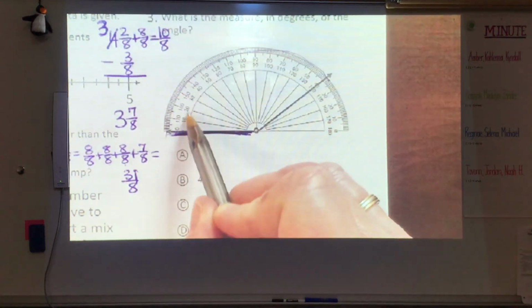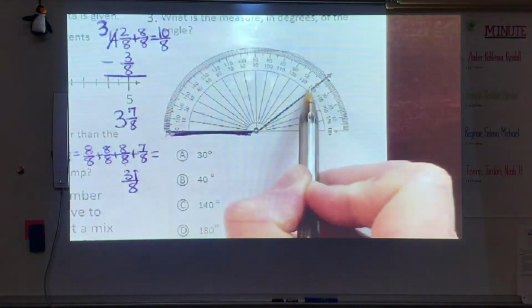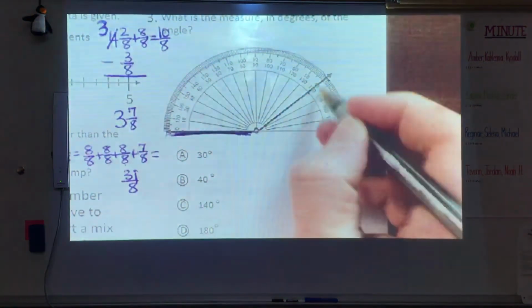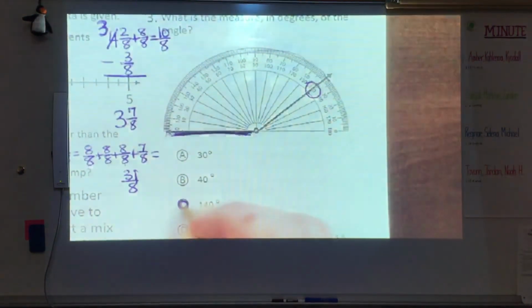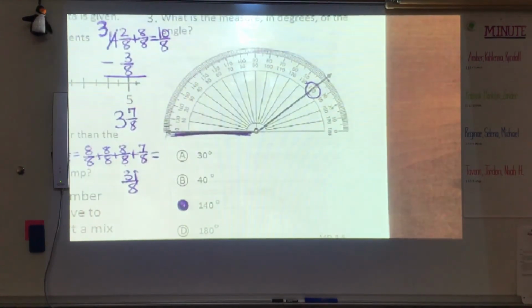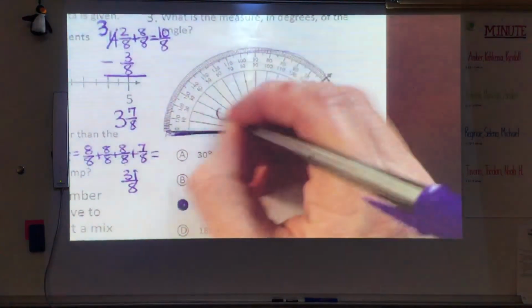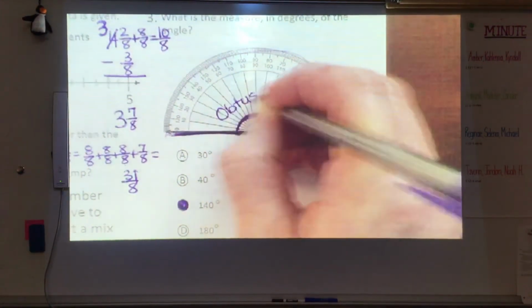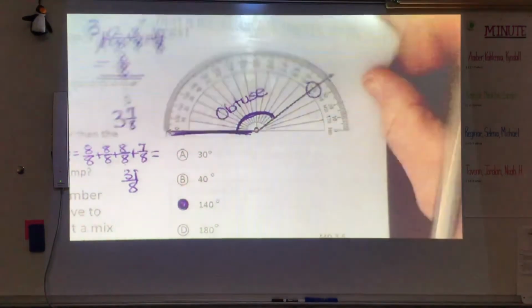They're counting up 10, 20, 30, all the way around to, where does that land? Is that 140? That is at 140 degrees. You know what else they should know? What? That it is an obtuse angle. You're so good. So it's greater than 90. If I had a number less than 90, I know I wasn't looking at the right one. Obtuse angle, a little bonus right there.